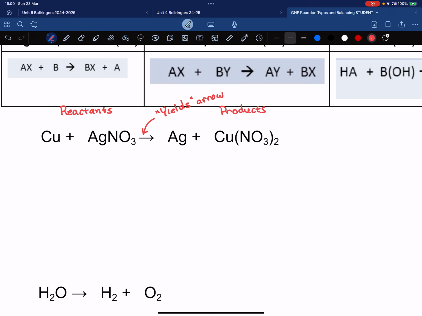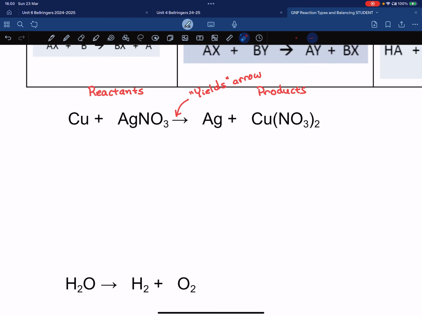Now, in earlier guided notes, we talked about the difference between subscripts, which are the numbers down below, and coefficients, which are the numbers in front of the compounds or the element symbols. We're not going to go over that again, but we have gone over that in the past.